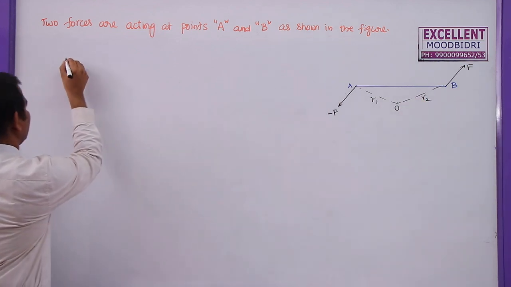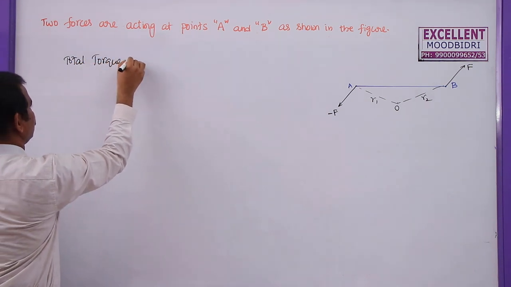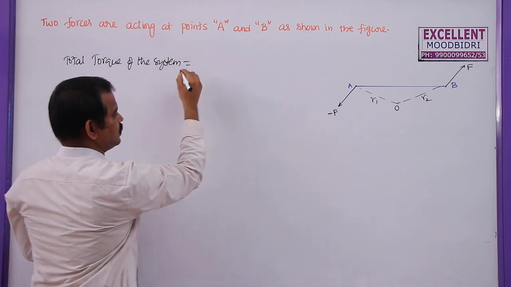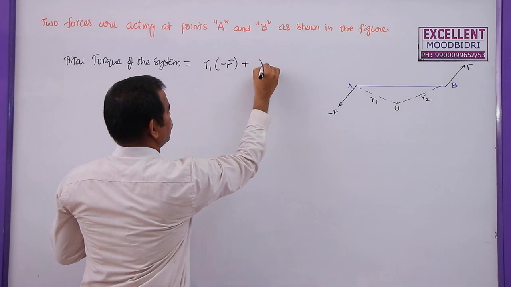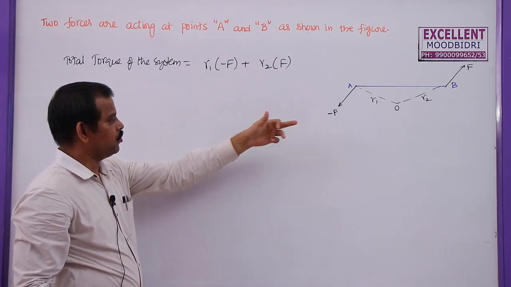So, what is the total torque of the system? The total torque is given by R1 into minus F plus R2 into plus F, the sum of the moments of the forces about point O.